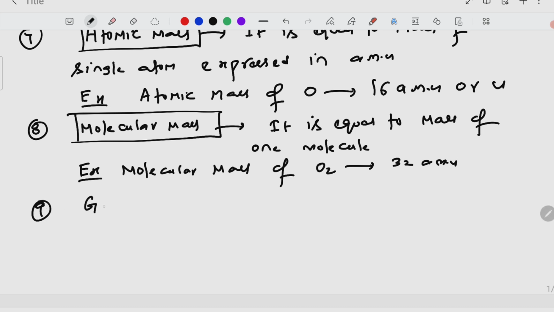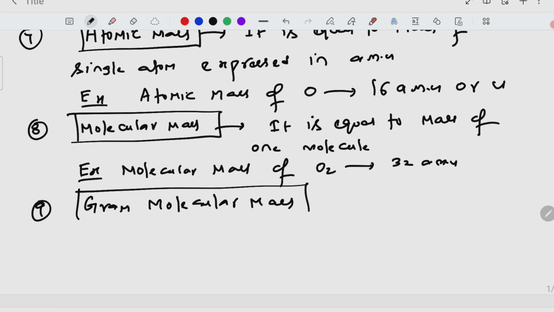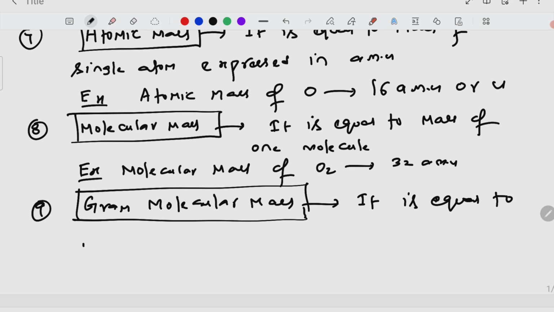And then gram molecular mass. Gram molecular mass is equal to the mass of 1 mole, clearly observe it here, the mass of 1 mole of O2 molecules. Mass of 1 mole of molecules.